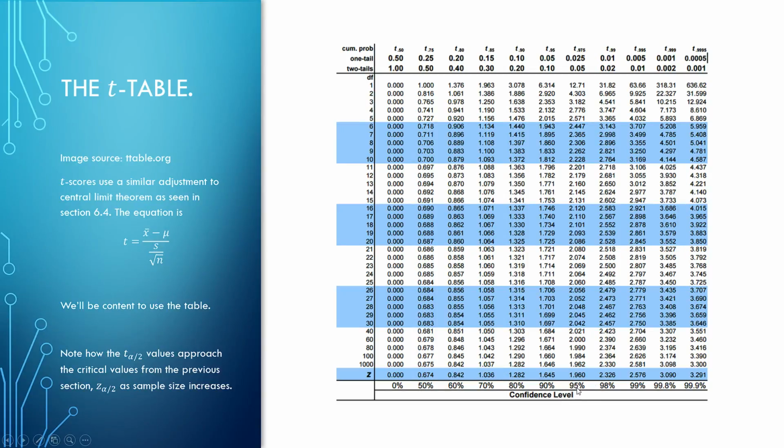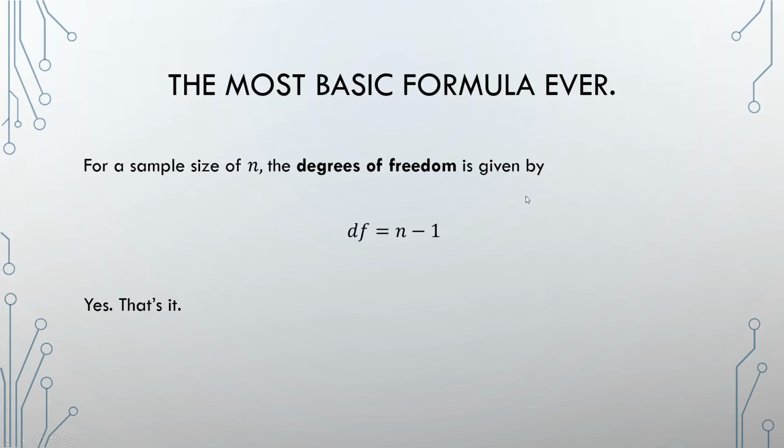So we're going to start at 95%, and we're going to go up on this column until we get an appropriate number of samples, or actually DF, degrees of freedom. So what this table will tell you is you'll go by column for your confidence level, and your row is going to be your degrees of freedom. And I'm going to give you the most insultingly simple formula in the history of formulas.